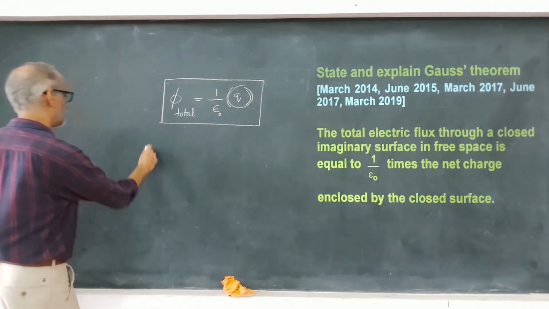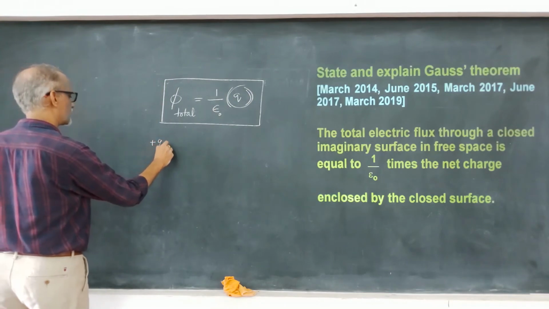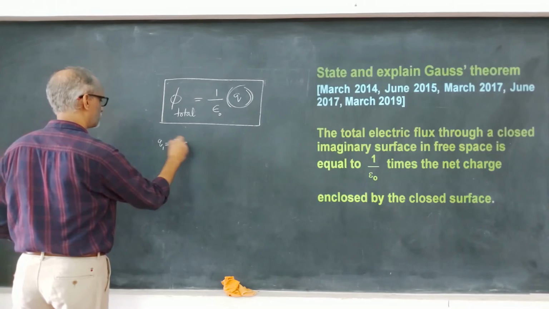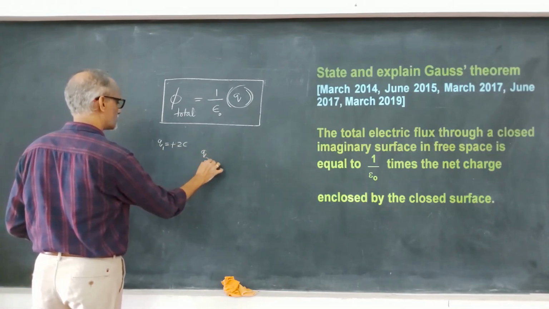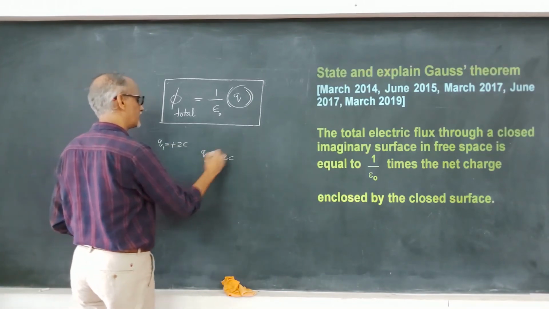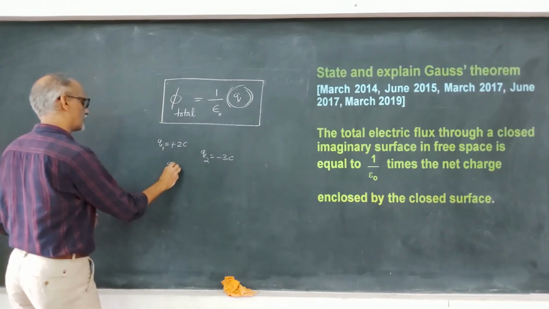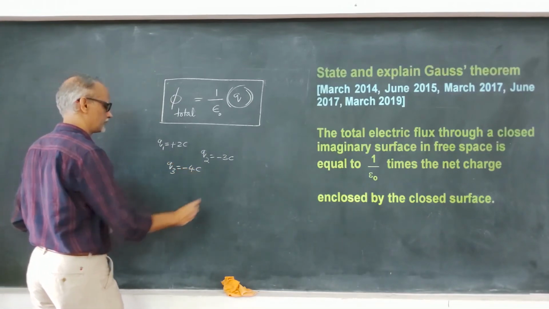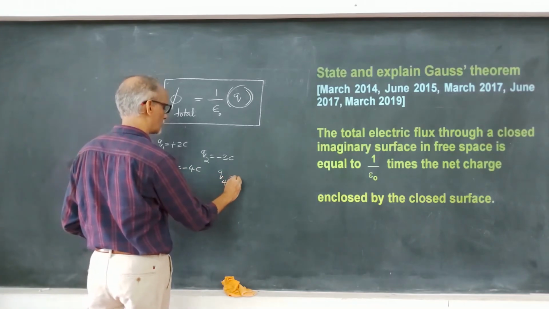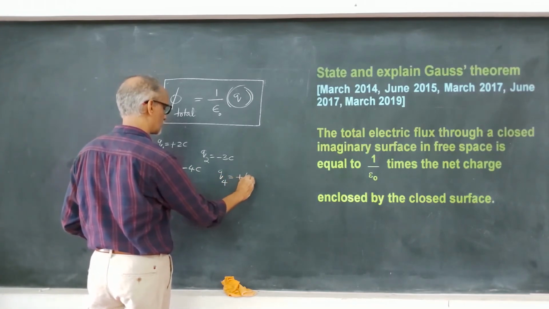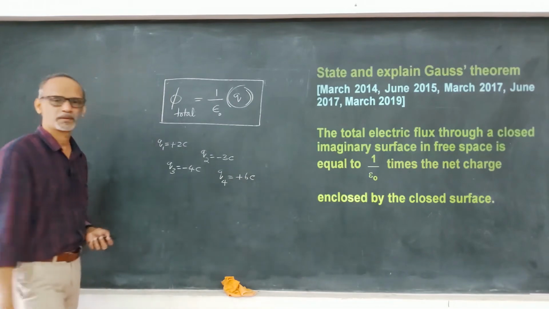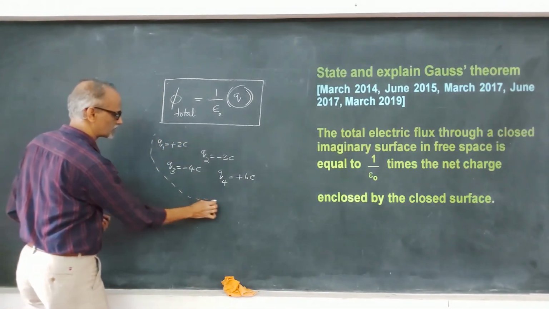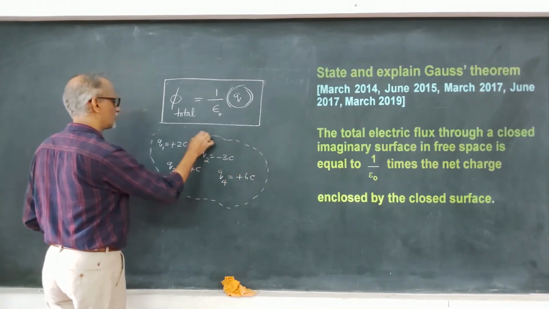Okay, let me consider Q1 which is equal to plus 2 coulomb. There is a Q2 which is minus 3 coulomb. Q3 minus 4 coulomb. Q4 plus 6 coulomb. So now I am going to consider a closed imaginary surface which can be of any shape.